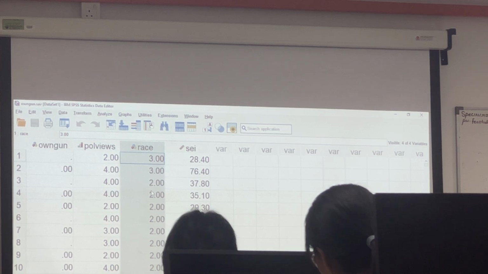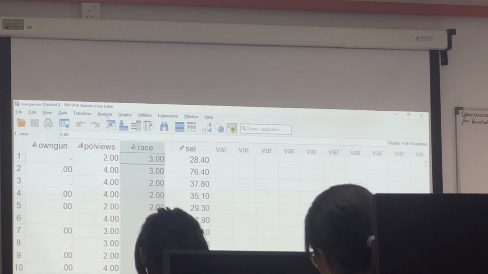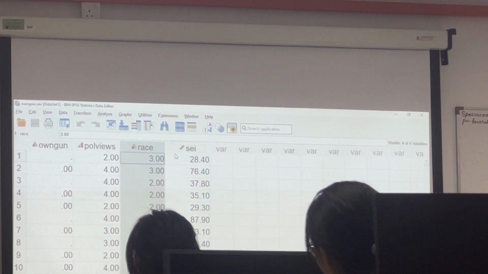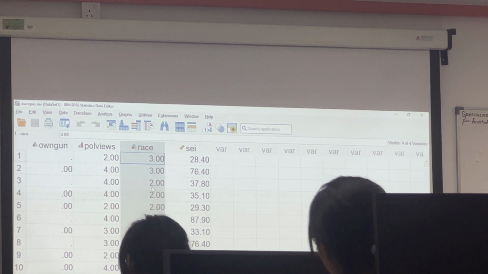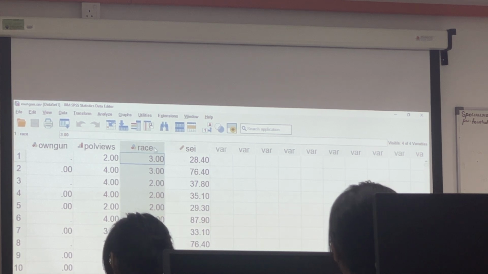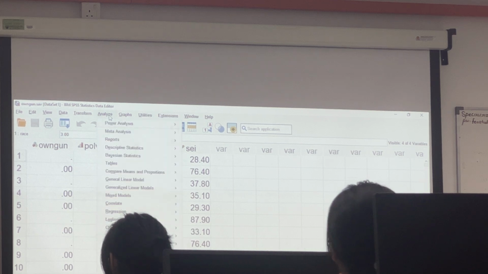Okay. So in SPSS, what you can do, you go to Analyze. So this one we can just use the original variable. No need to convert to dummy variables. So 1 for white, 2 for African American, 3 for other. You go to Analyze, Regression, Binary Logistic.